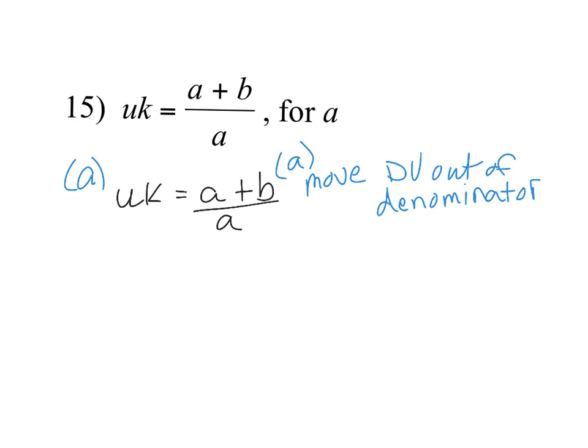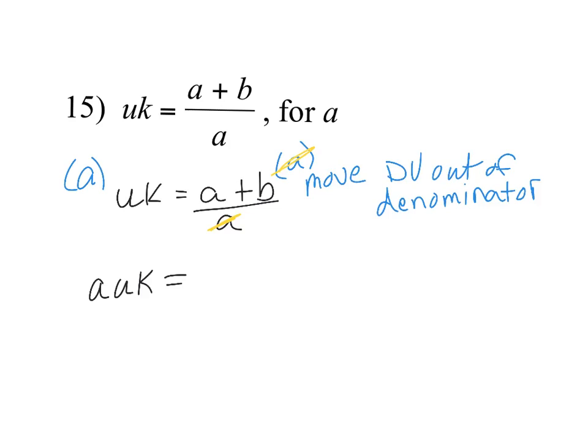Remember, our properties of equality have to be in play here. So what I do to one side, I have to do to the other. So here on the left-hand side, I'm just going to write the a, the u, and the k. It's just all like one chunk of multiplication now. These a's canceled each other out.